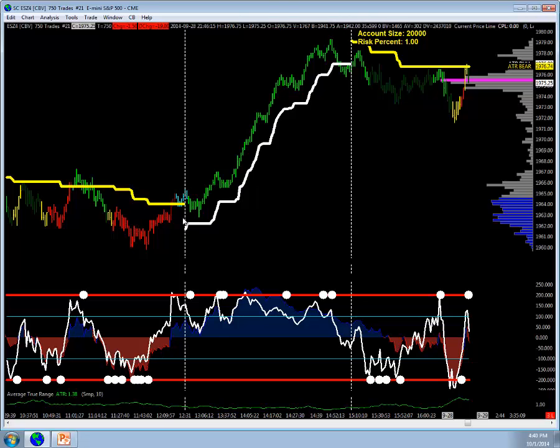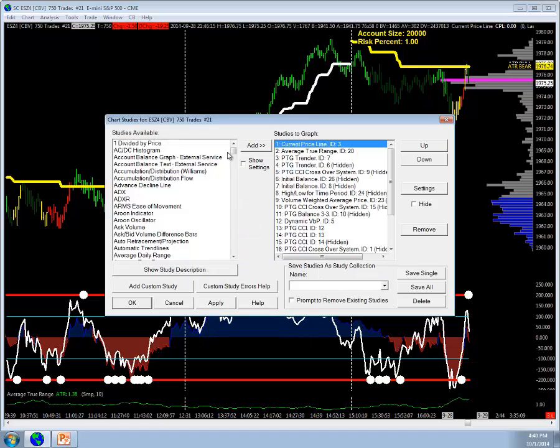At these intersections, these junctions where it goes from bear to bull and bull to bear, those are going to be called break points. Now the next part I want to show you is the filter.